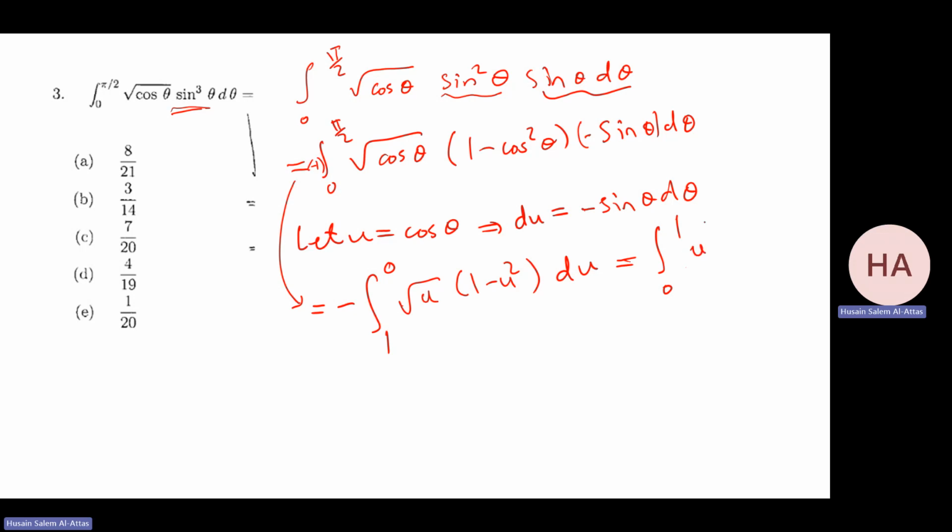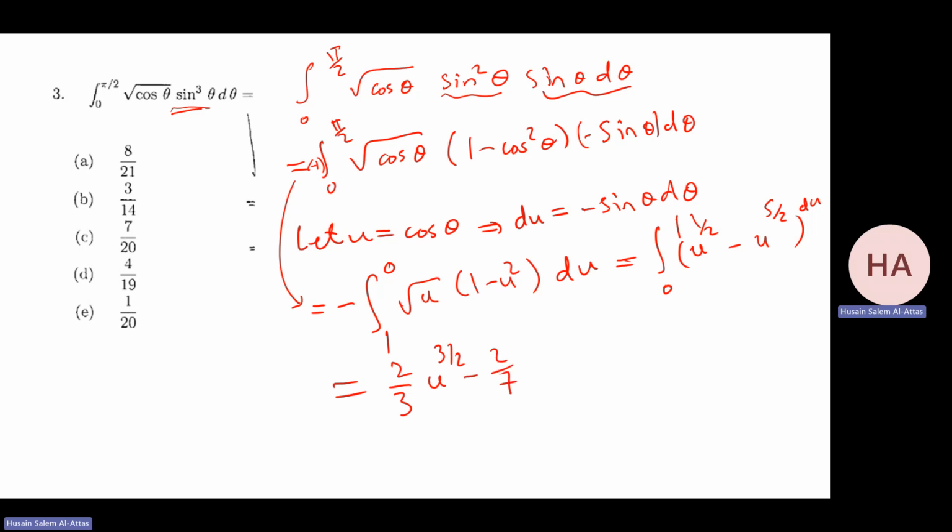I have u to the power half. Also, I do the power 1 time, that u to the power 5 over 2 du. That gives me what? This is u to the power half. I add 1, that will be 2 over 3 u to the power 3 over 2, minus 2 over 7.